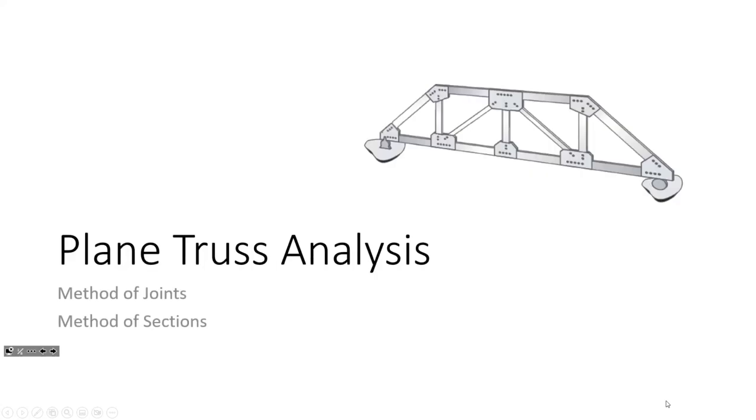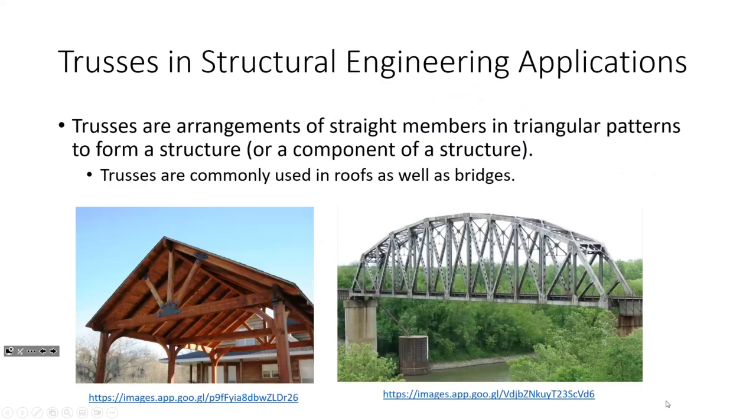Particularly, we're going to focus on plane trusses. Those are trusses that are idealized in 2 dimensions. I want to at least take a step back and have you understand what a truss really is and where you find that they're broadly applicable.